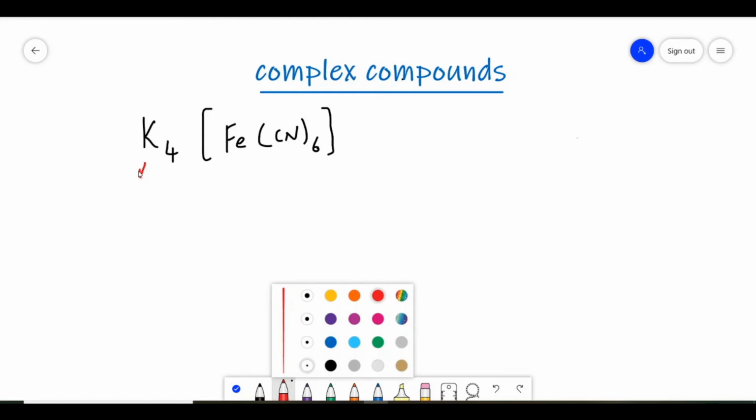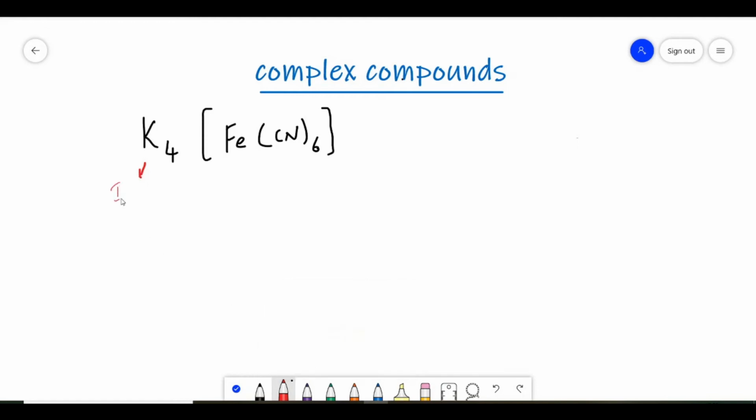This is producing ions, so this is called the ionization sphere. Whereas this complete one is called the complex sphere.